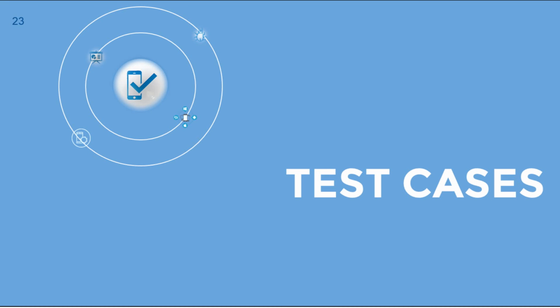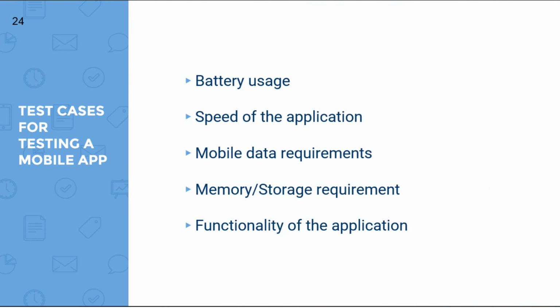Let's see how you are going to write the test cases. In writing test cases, you need to consider battery usage. If the application drains the battery, users are not going to use the mobile application. So in that case, you need to cover battery usage when you are writing test cases, and speed of the application.